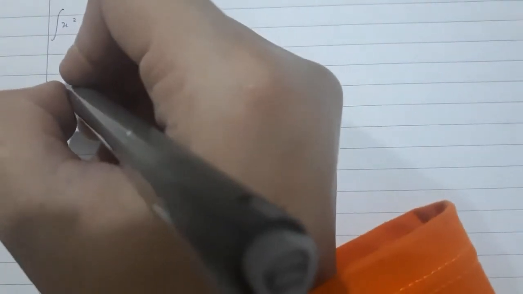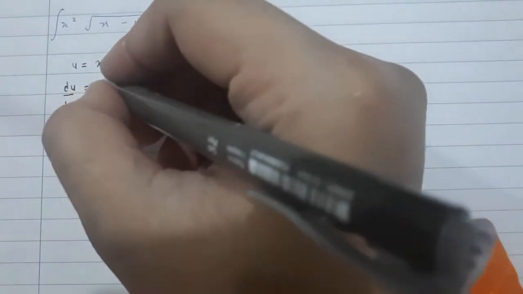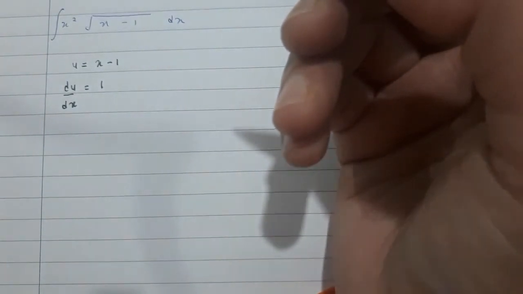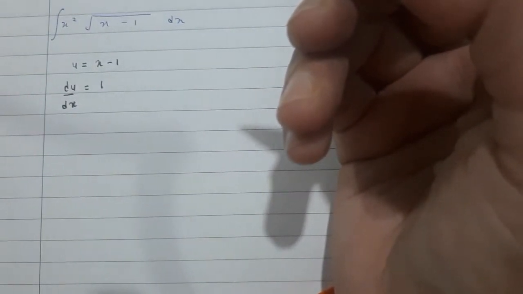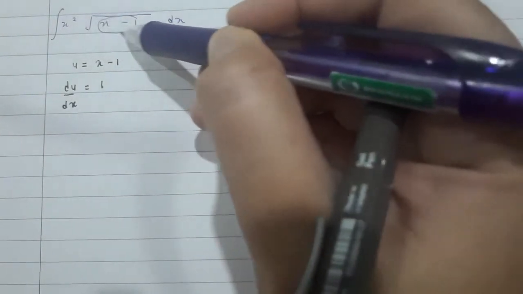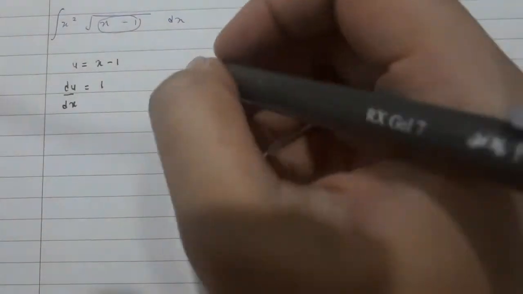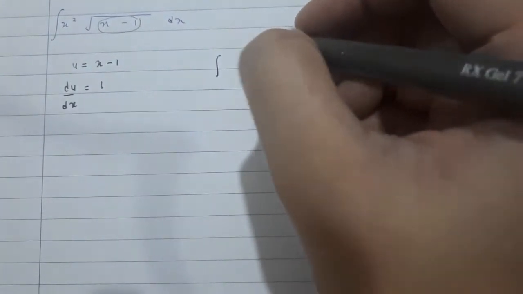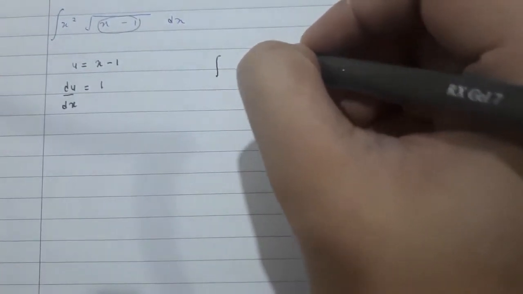Differentiate u in terms of x, du over dx equal differentiate x, 1, differentiate negative 1, 0. So now let's substitute. Let's start from x minus 1. So we have square root u.